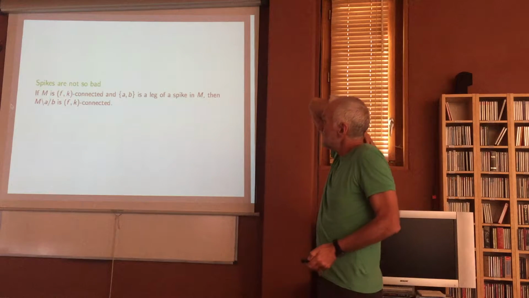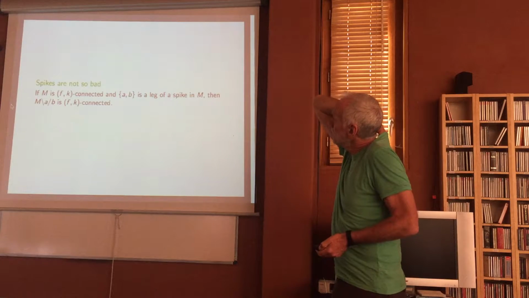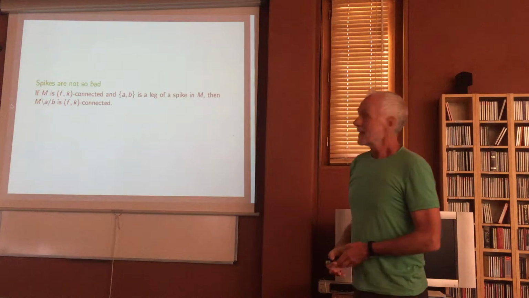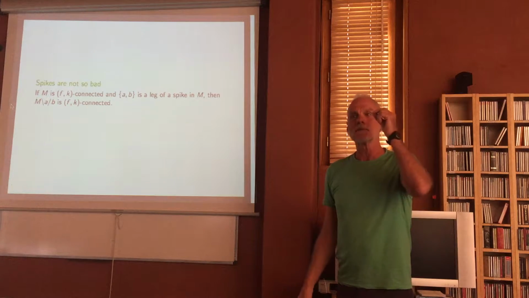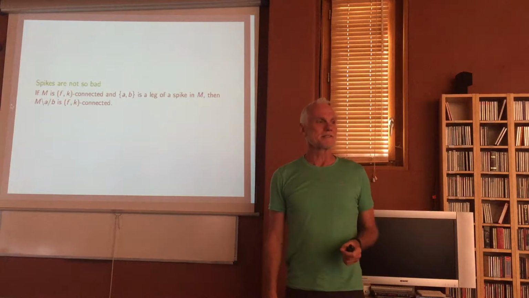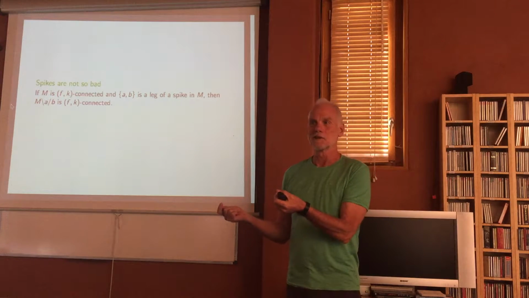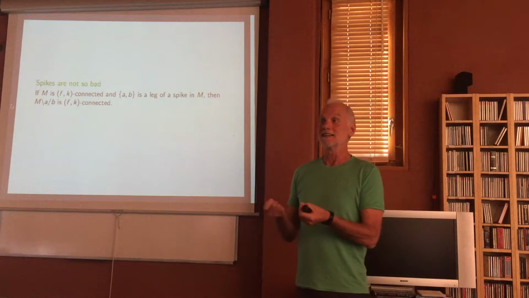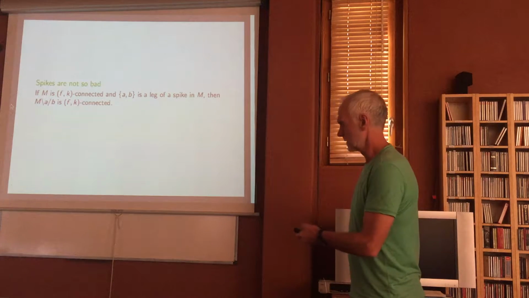But the nice thing is if I give you an FK connected matroid and I give you a leg of a spike, which is one of the pairs, then I might get into trouble. I might not be able to contract or delete one of the elements, but if I do a deletion contraction remove, I recover FK connected. So are spikes bad? Well, no, I can't do a single thing, but hey, I can do the deletion contraction.